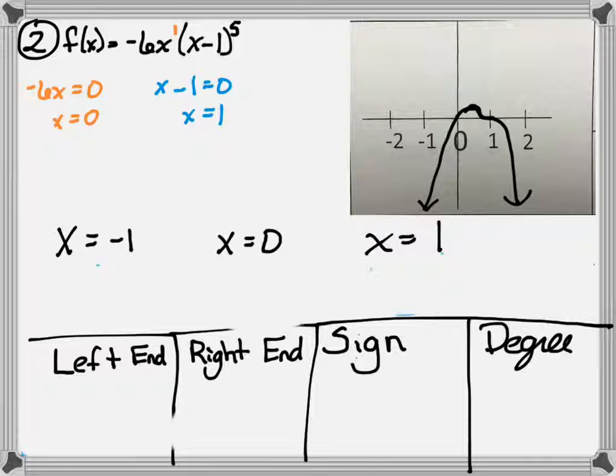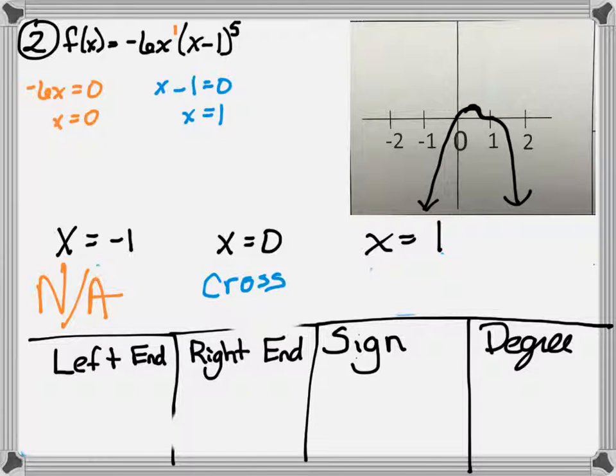And so at x equals -1, did we have a bounce, wiggle, or cross, or was it nothing happening? Nothing happened. Okay, I'm looking at the next columns. And at 0, we had a bounce, wiggle, or cross.